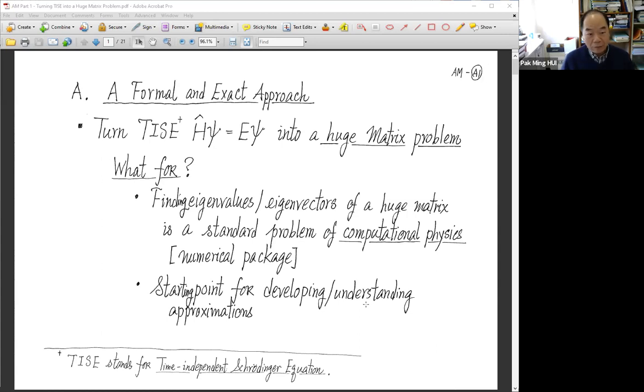So this is the very first step. As said, I would like to turn this time-independent Schrödinger equation, which is of this form, into a huge matrix problem. So let's digest what is the problem, okay?